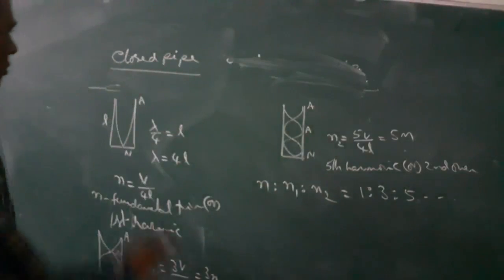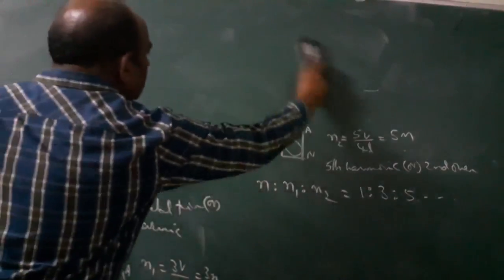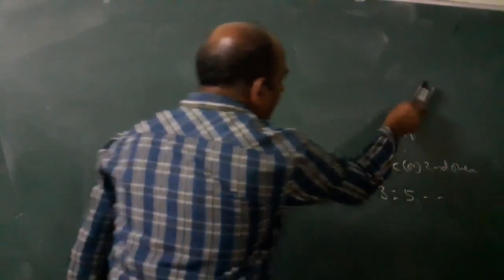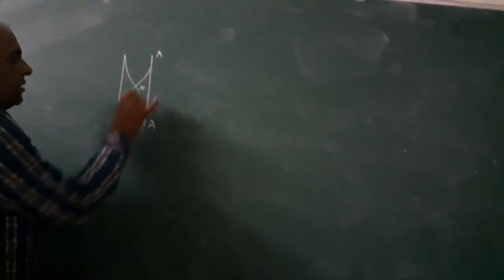Now we can go to the open pipe. Open pipe means the pipe which is open at both ends. In the first mode of vibration, the air column can vibrate with 2 half loops. The air column is vibrating with 2 half loops, the first mode of vibration. Antinode, antinode, because at open ends always antinodes are formed, with a node in the middle.